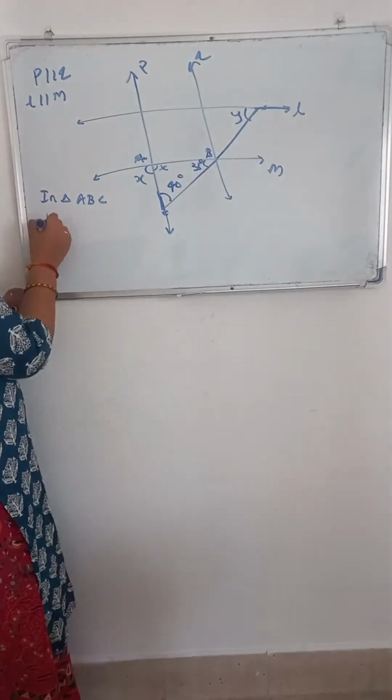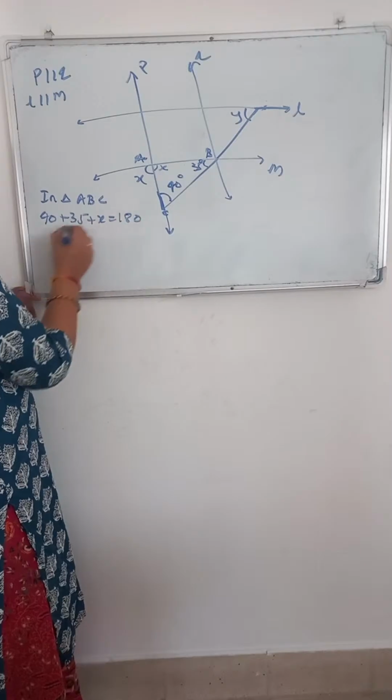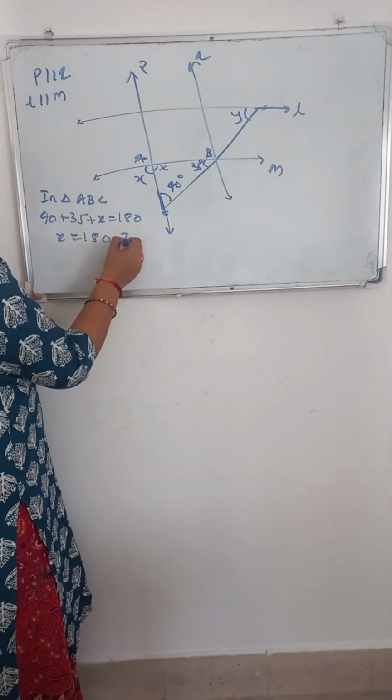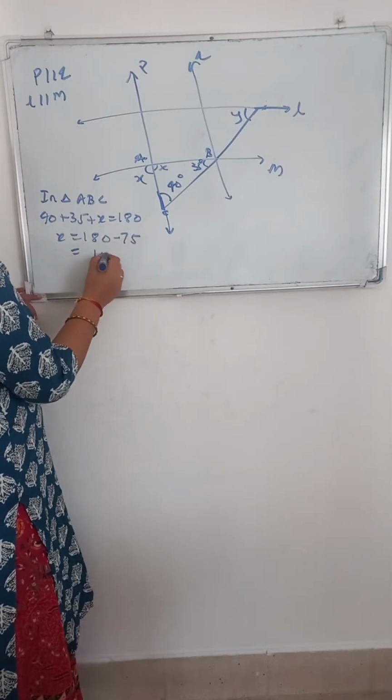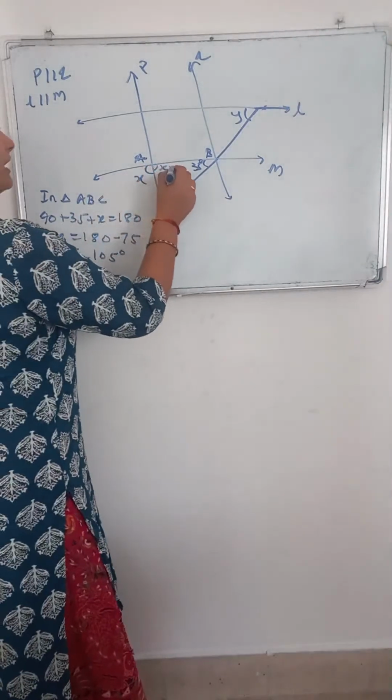If I take x, then 40 plus 35 plus x is equal to 180. So x is equal to 180 minus 75, so I will get x as 105.